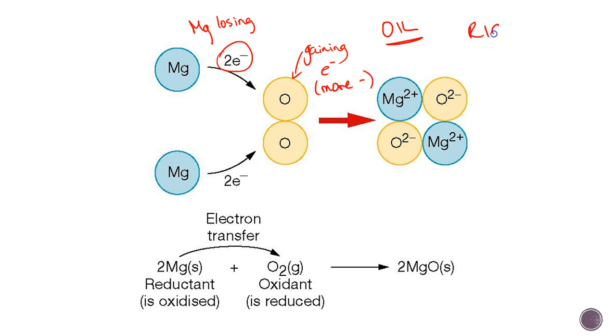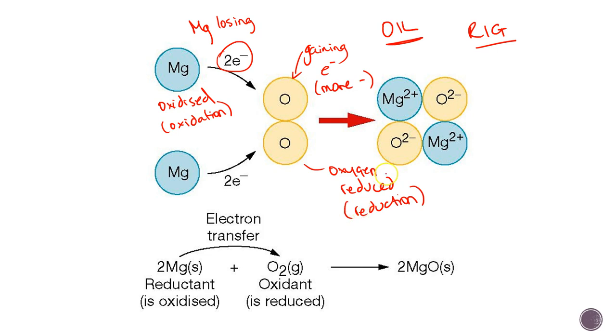So if oxidation is loss and reduction is gain, then we can say that during this electron transfer, the magnesium is oxidized. That is, it is undergoing oxidation. And the oxygen is reduced, because it has gained electrons. It is undergoing reduction.